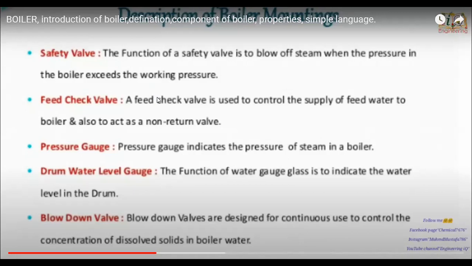So the pressure gauge indicates whether your pressure is within the working pressure or exceeding it. So it is an important device.